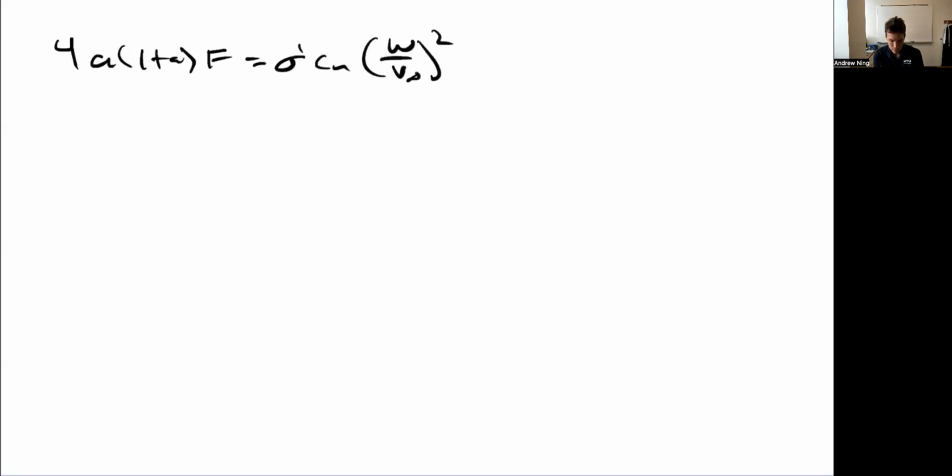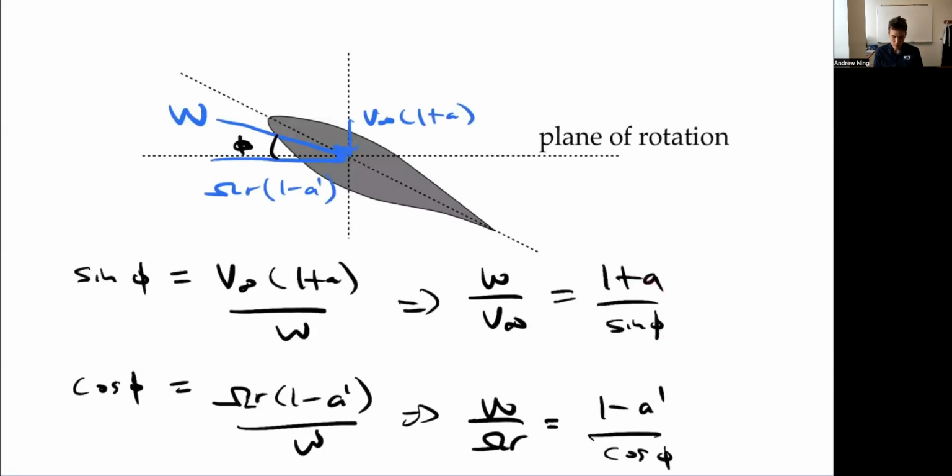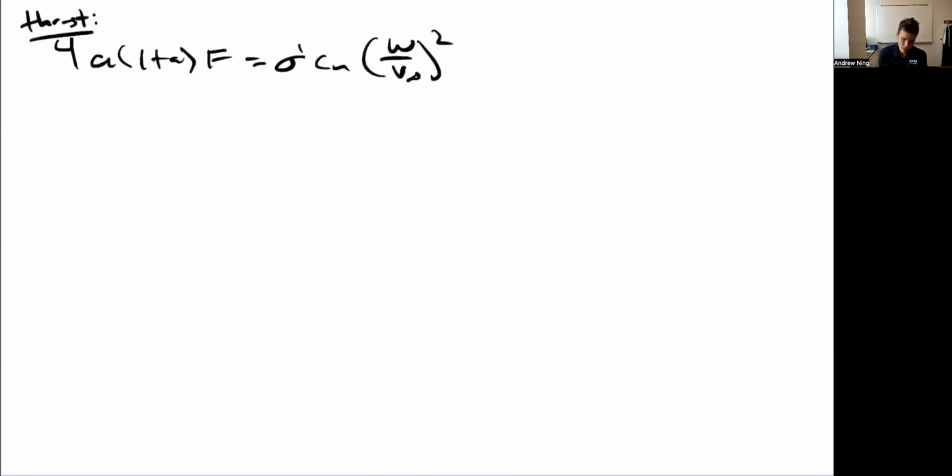Some things are going to cancel out. So I had 4a 1 plus a f equals sigma prime cn w over V infinity squared. Okay, this was my thrust equation, just rewriting it again. Note again, w over V infinity, I'm going to substitute this in. Notice there'll be a 1 plus a squared now, one of which is going to cancel one of these.